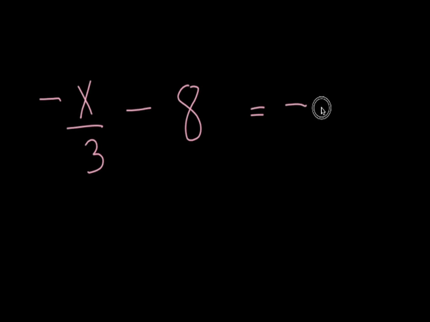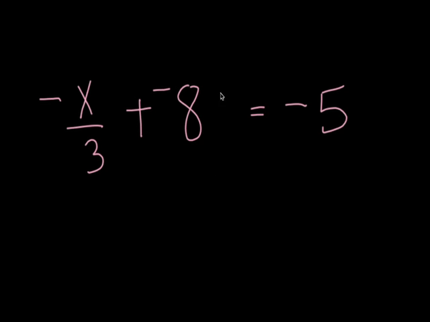All right, next one. So let's do, how about negative x divided by 3 minus 8 equals negative 5. Okay, we know that we've been getting rid of the subtraction. So if you do that every time, make it a habit, makes it a lot easier. So I'm going to do same, change, opposite.